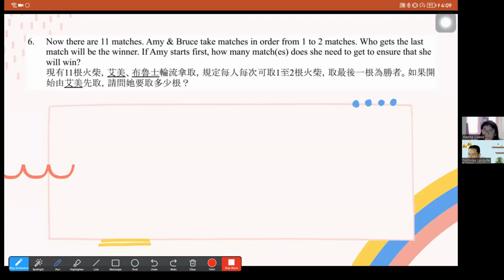Then who will get the last, etc. For example, if Amy will only get 1, then Bruce will get 2, and then Amy will get 2, then Bruce will get 2. So how many would there be in total? That would be 3 plus 4, that would be 8 plus 2, that would be 10.